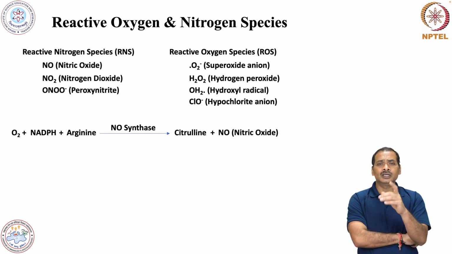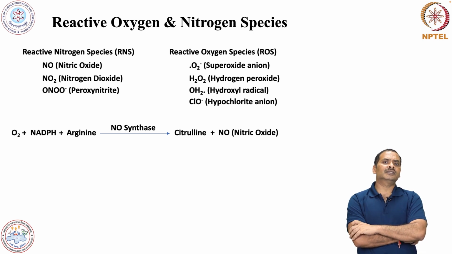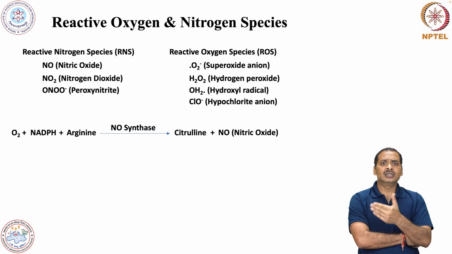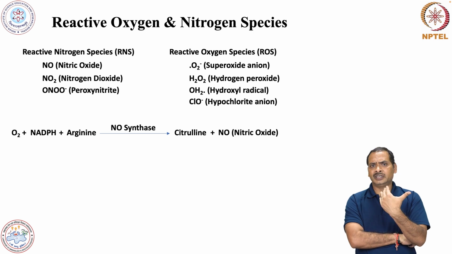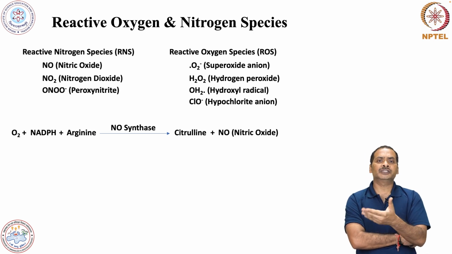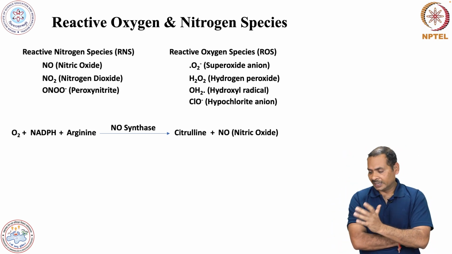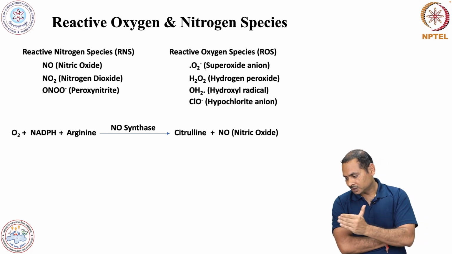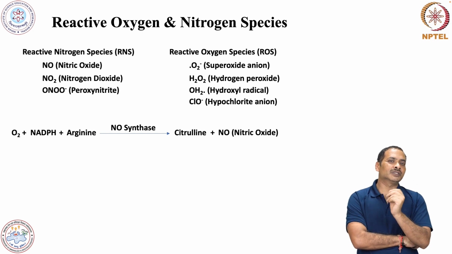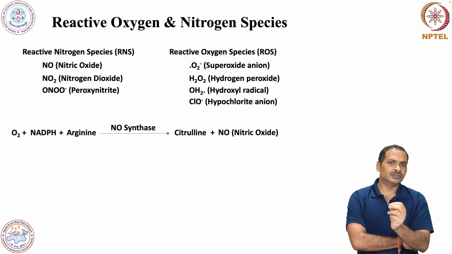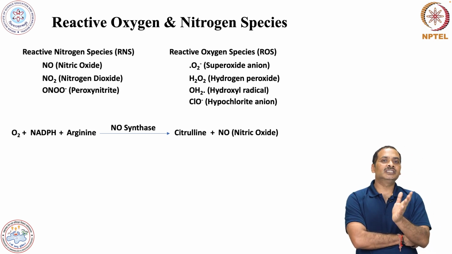In addition, nitric oxide is also very important in erectile dysfunction. The individual who has a problem with erection of the penis uses this drug which we call sildenafil. This drug is basically Viagra, and this drug produces an active molecule which inhibits the breakdown of cGMP.